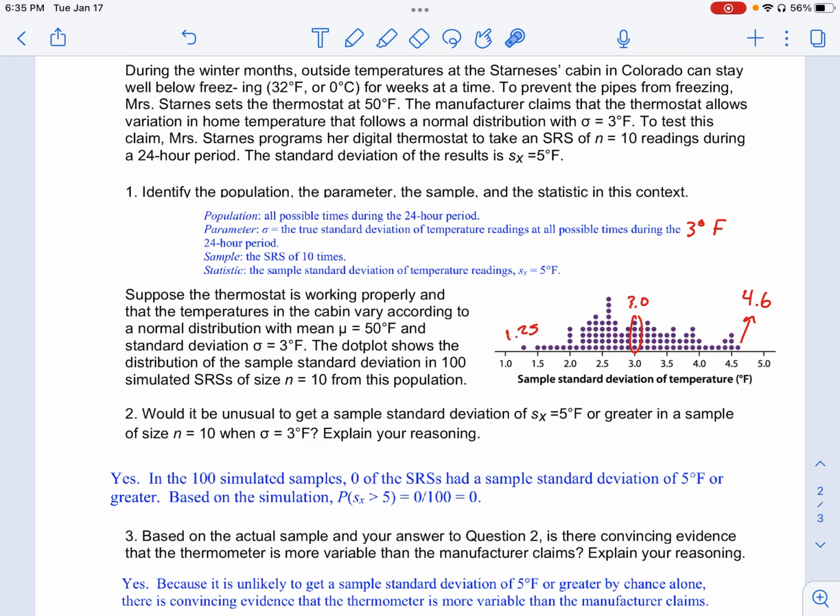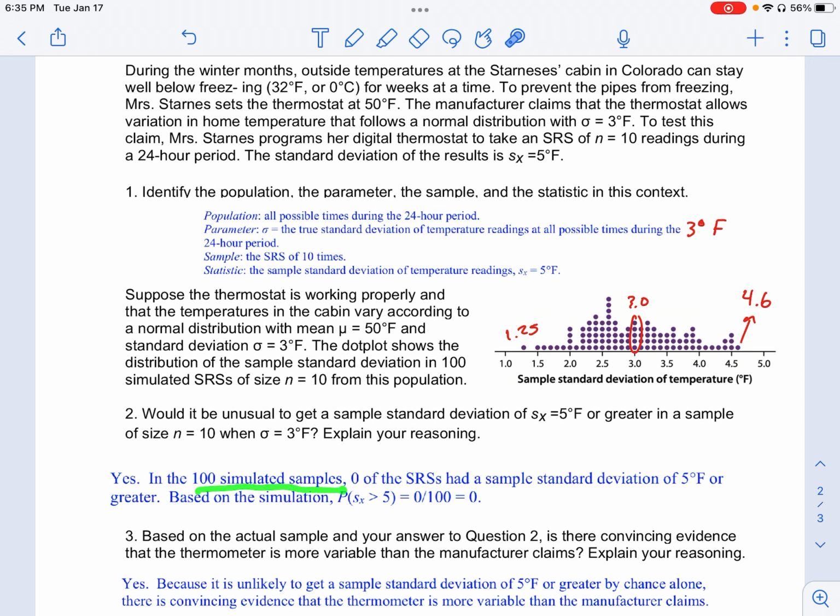And the answer is yes, because they did that 100 times, right? They did a sample of size 10, 100 times. Did they ever get this result? Did they ever get a standard deviation of 5? Not once. So, would it be unusual? Yes, for sure.